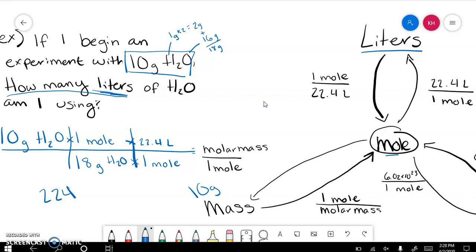And then if I multiply 18 times 1, that's going to keep me with 18. 224 divided by 18 is going to be 12.4 total liters of water.